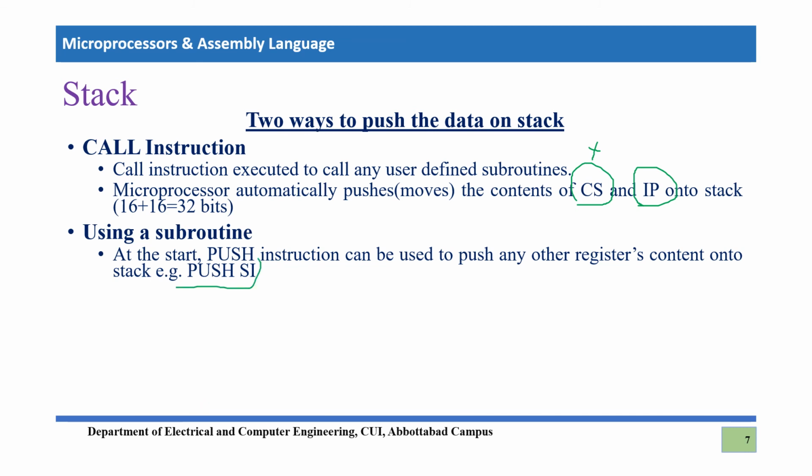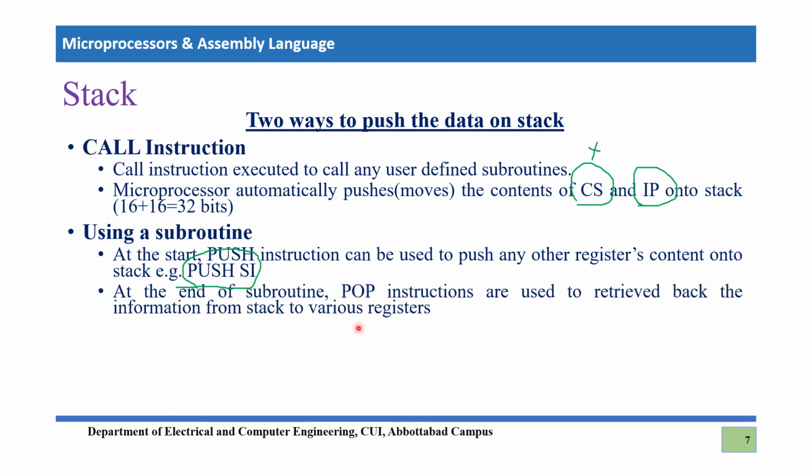So in this statement the content of the source index will be pushed onto the stack. Next we learned the pop instruction, which is used to retrieve information from the stack back to various registers. Remember, we used pop AX and pop BX to get back those values from the stack and reload them into the registers. So push and pop are very important instructions when one is going to play with the stack.